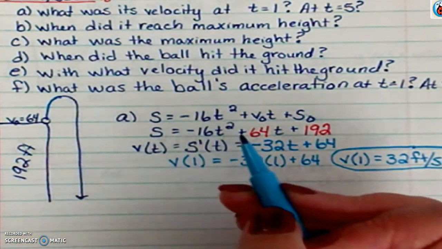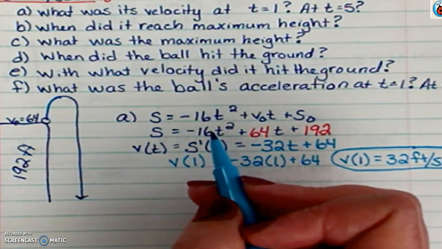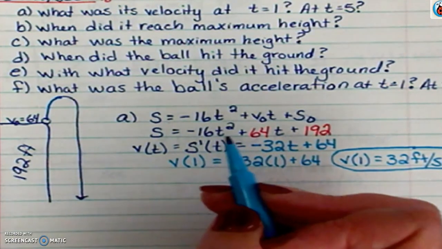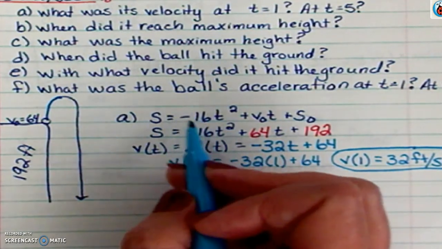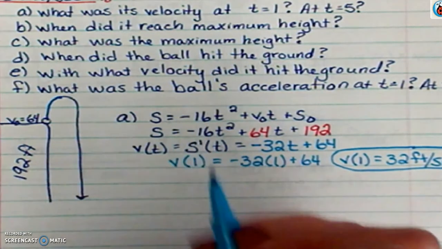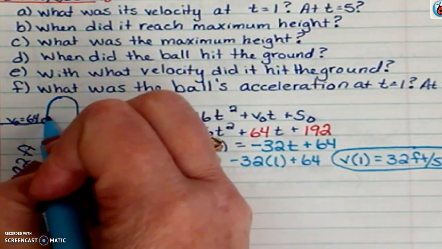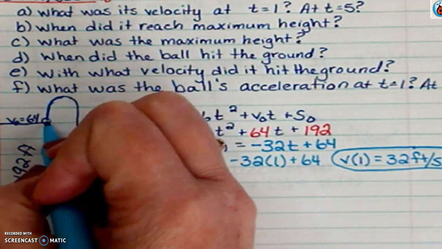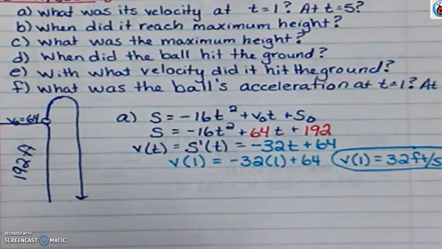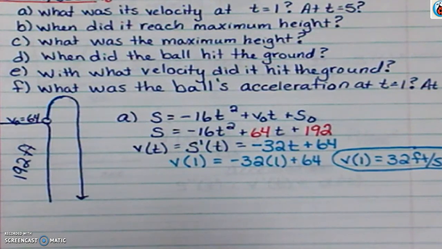It's the acceleration due to gravity, negative 16 feet per second squared. If you're dealing with meters per second, you would have something different here. So it's slowing it down, so your ball is still somewhere between the height and the initial spot that we threw it from, which is that height of 192 feet.